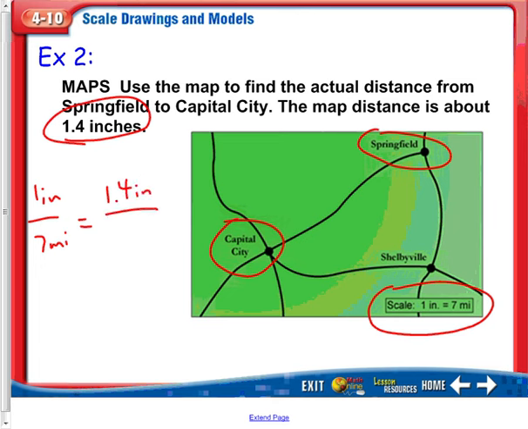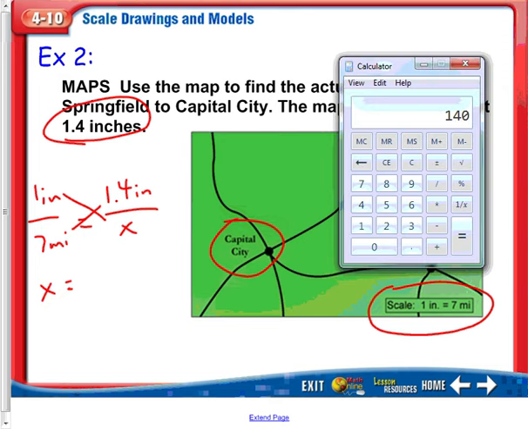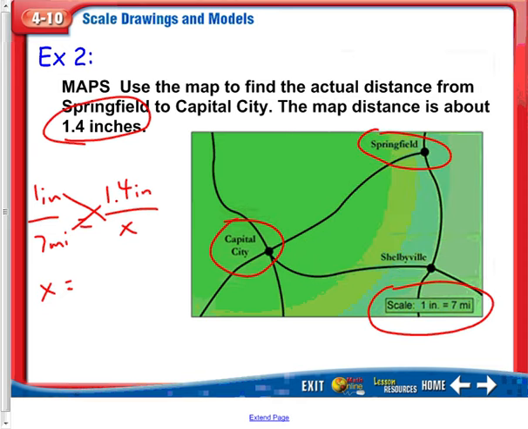So I put that on top because that matches my inches, and I'm looking for actual distance. So here, if we cross multiply, I get x, and I'm going to do 7 times 1.4. So since this is a 0.4, we'll go ahead and grab our calculators. So 7 times 1.4, and that equals 9.8 miles.